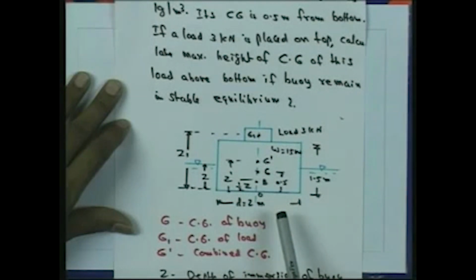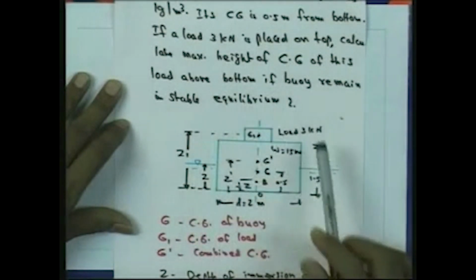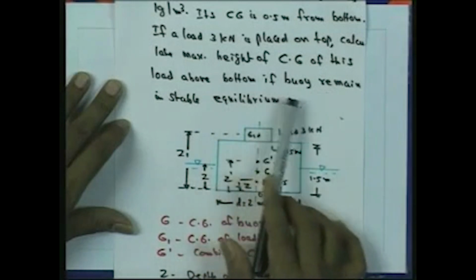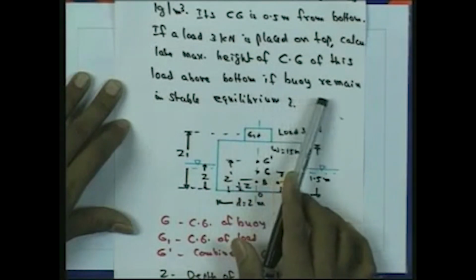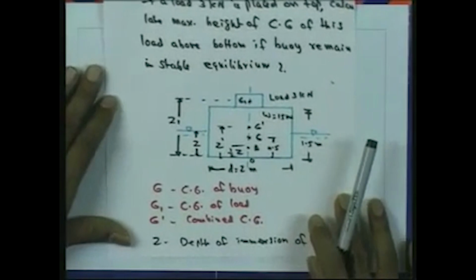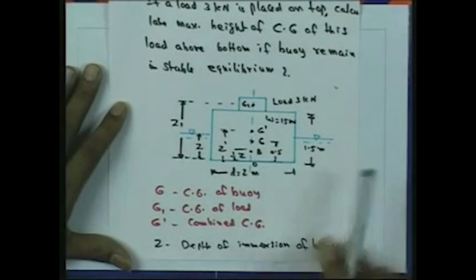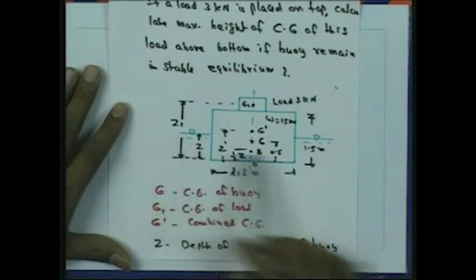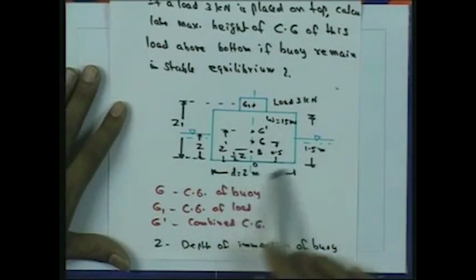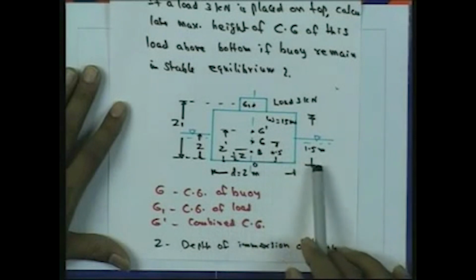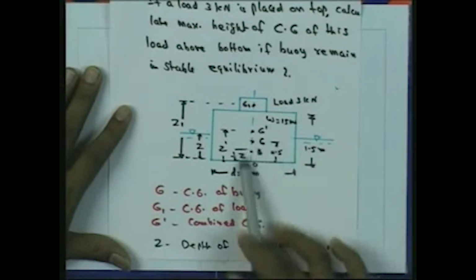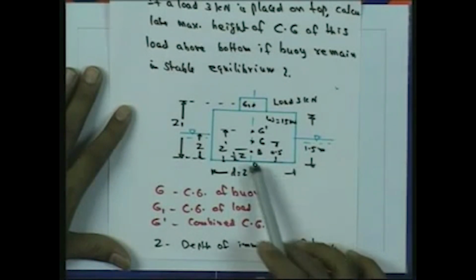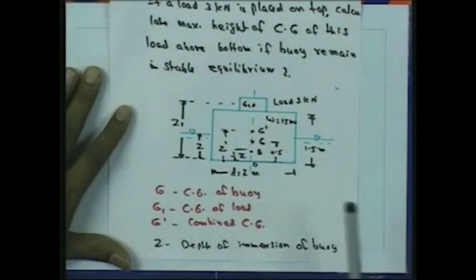So this is the problem. We want to determine the new position of the center of gravity. All the problem dimensions and the various loads are given. Here the buoy weight is 15 kilonewton and the newly placed load is 3 kilonewton.